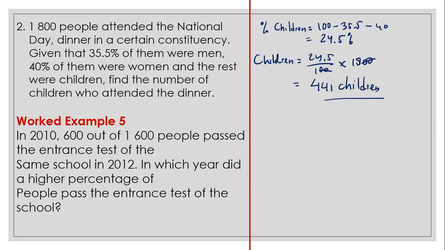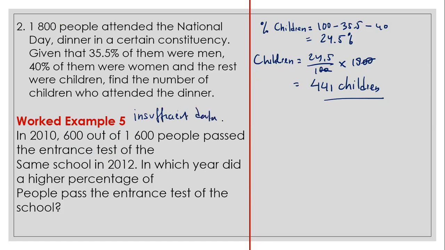Okay, in 2010, 600 out of 1,600 passed the entrance. The same school in 2012. In which year did the higher percentage of people pass the entrance? Oh, okay. The worked answer for this is insufficient data.